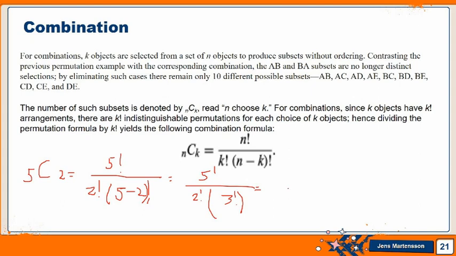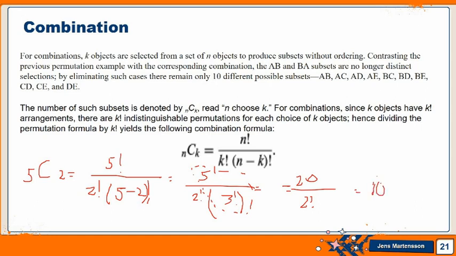Wherein, di ba, nung sa permutation kanina, we have 20 over 2 factorial. So, itong portion na to is already 20 divided by 2, so we have 10.